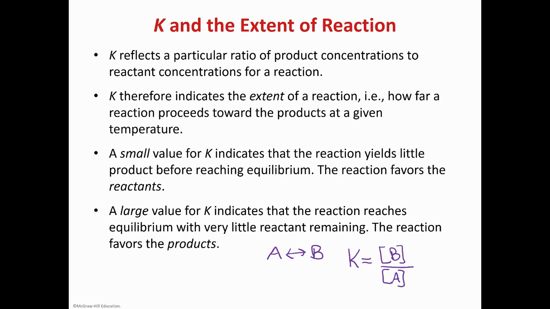Okay, so if you have a small value for K, that means that the reaction, actually, let me do this, a small value for K will mean that you have a lot more A compared to B at equilibrium, that the reaction goes forward, but then it really pulls back towards reactants.